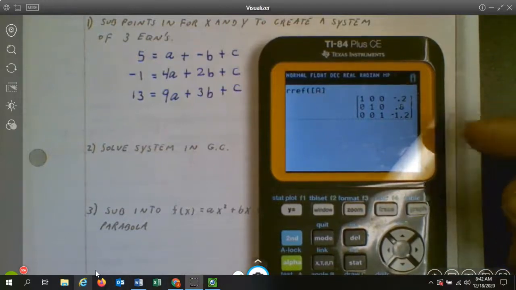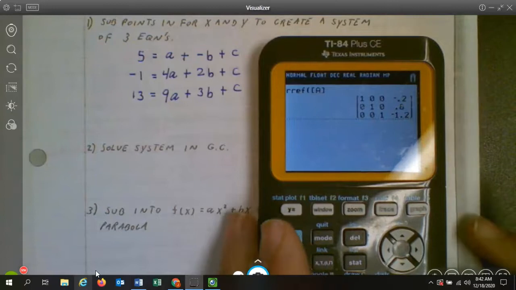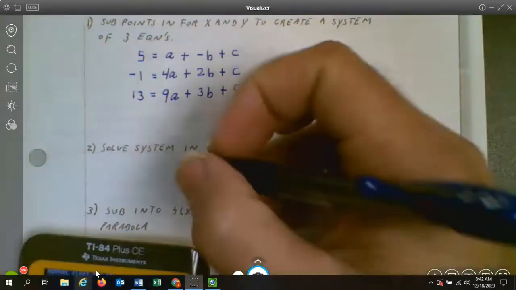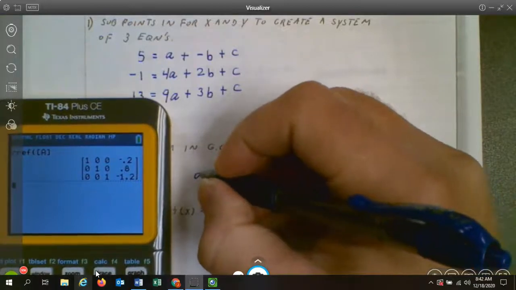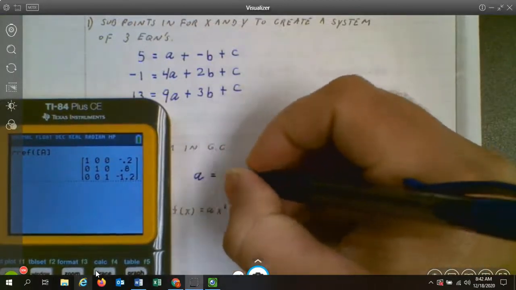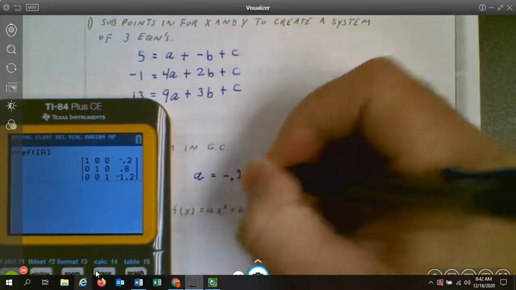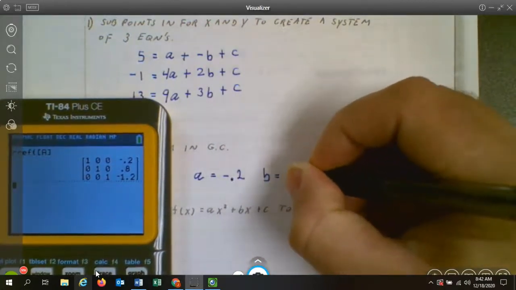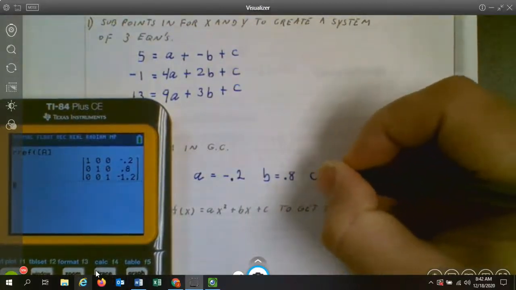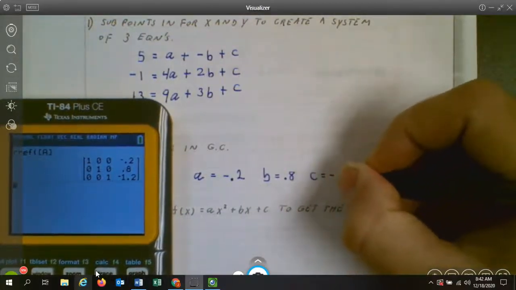So we now know, so we solve the system. I'll just write the answers here. I can now see that my value for A is -0.2. B is 0.8. C is -1.2.